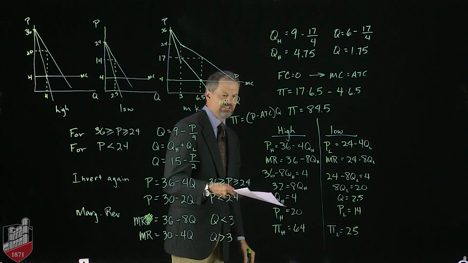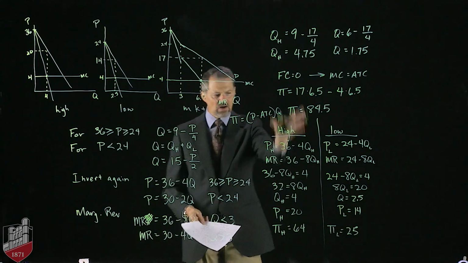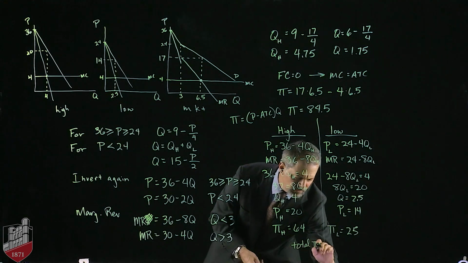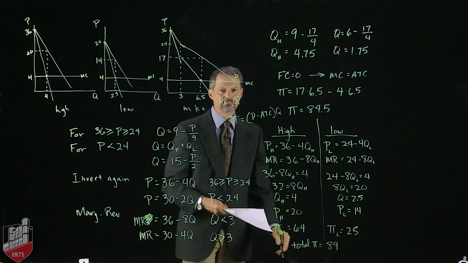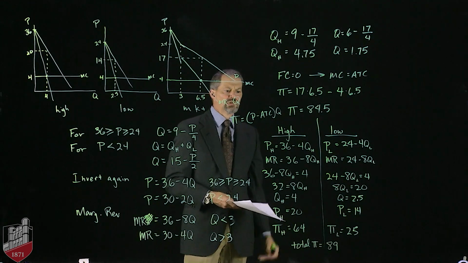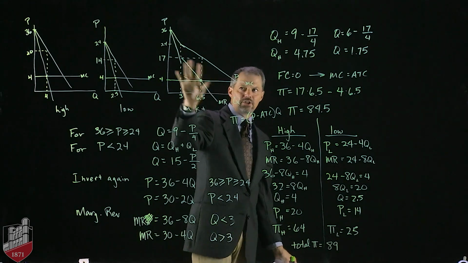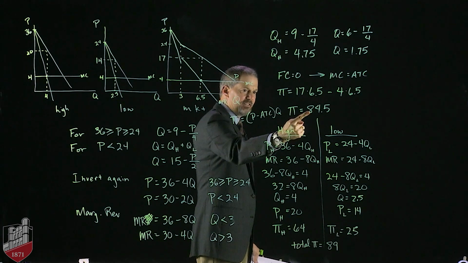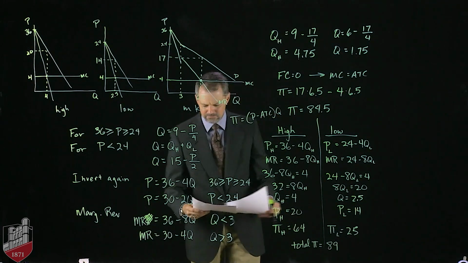That's very easy to do, which means that the total profit, if they price discriminate, is equal to $89. So you can see that the profit, if they have to charge everybody the same price, was 84.5, and if they can price discriminate, they're able to increase their profit.